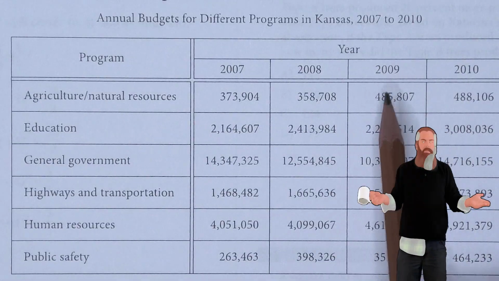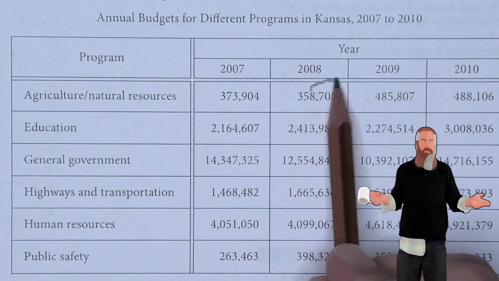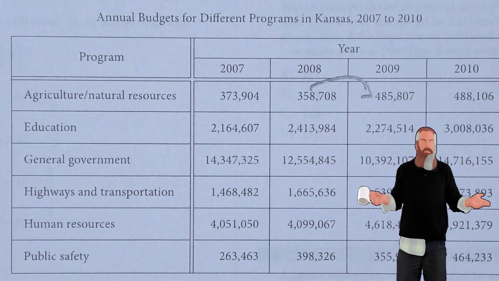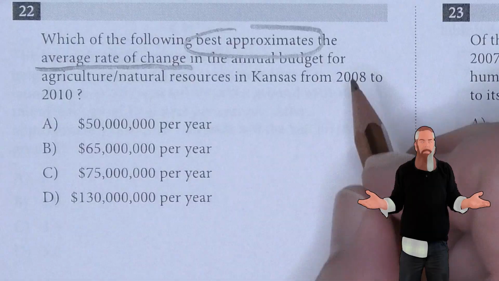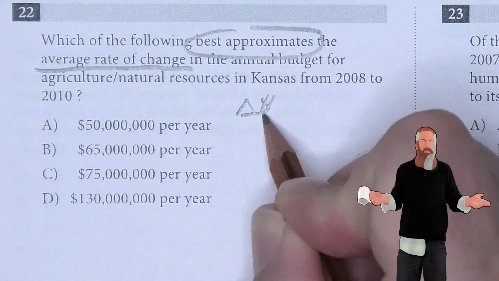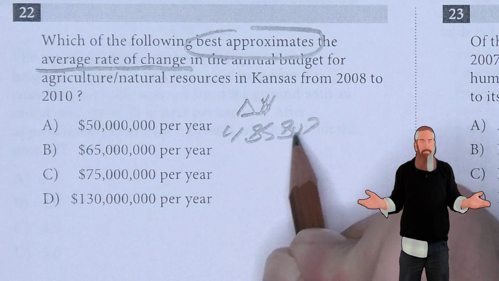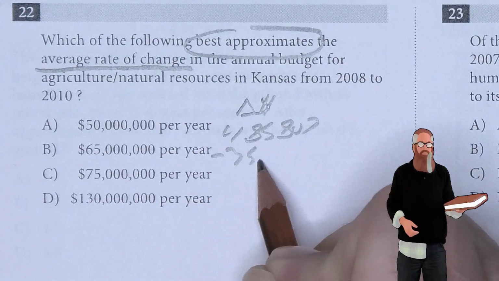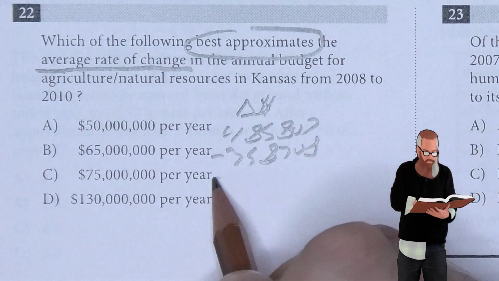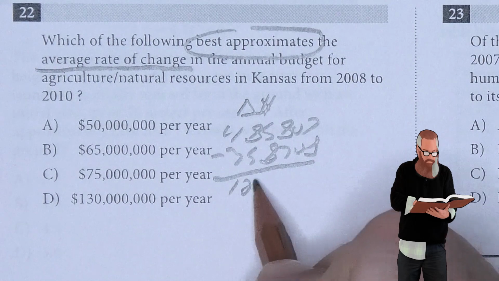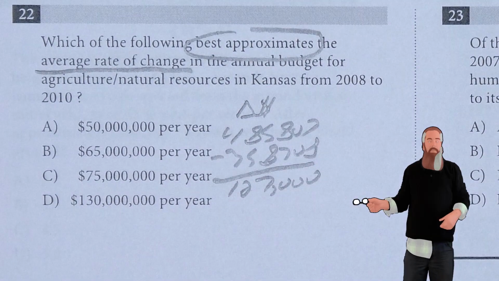I can see that from 2008 to 2009, right here, what I'm looking at is the change in money. Now, the change in money was 485,807 minus 358,708, which gave us 127,099.